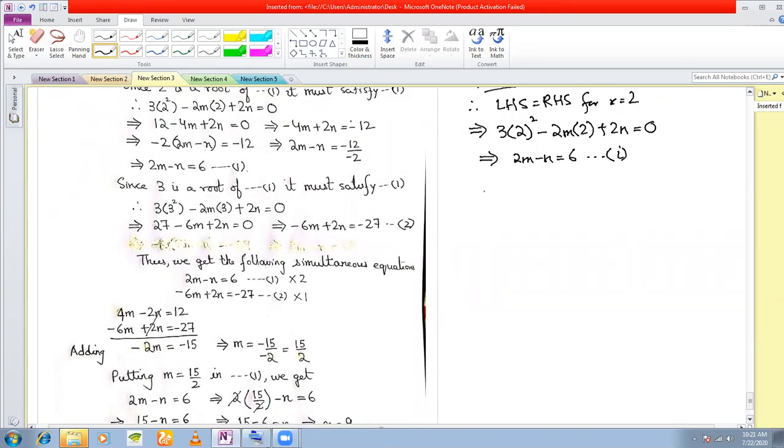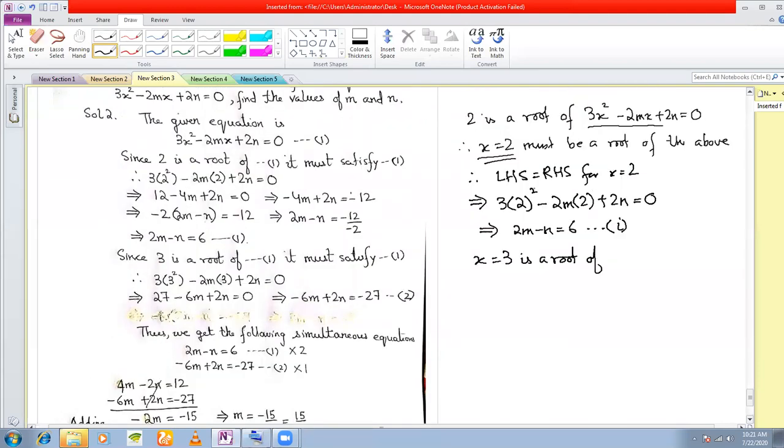Also, it is given that 3 is the root of the equation. So x equal to 3 is the root of 3x square minus 2mx plus 2n. So for this, left hand side must be equal to right hand side for x equal to 3.